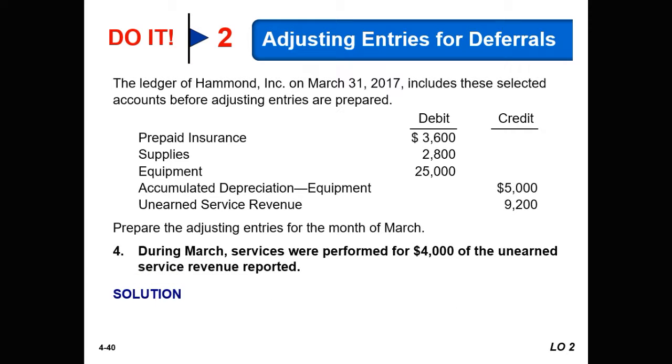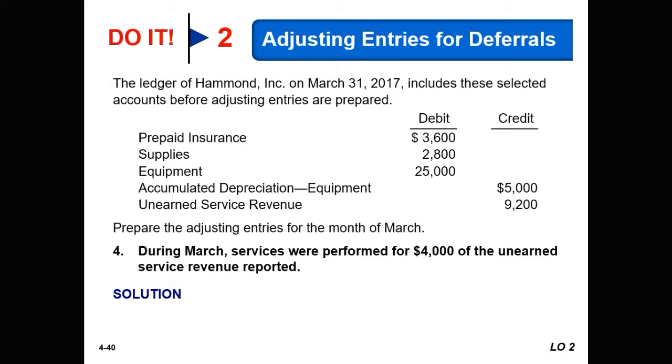And last but not least is the services that were performed in the month of March. During that month, we actually did complete $4,000 worth of the obligations that had not been completed as of the last balance sheet date. We had $9,200 of unearned service revenue. We had an obligation to provide services in that amount to our customers.